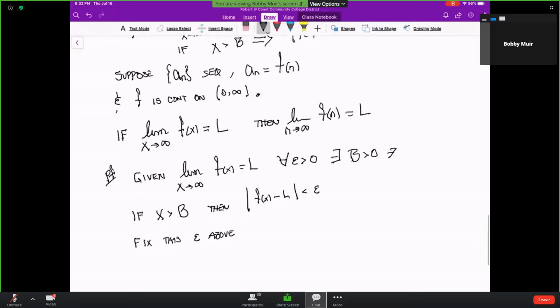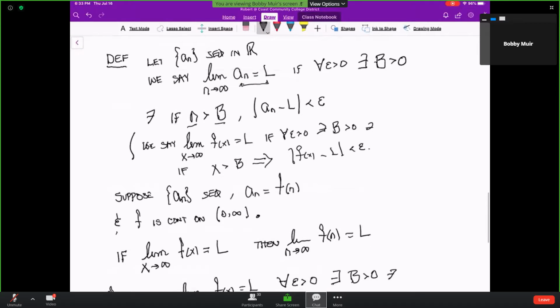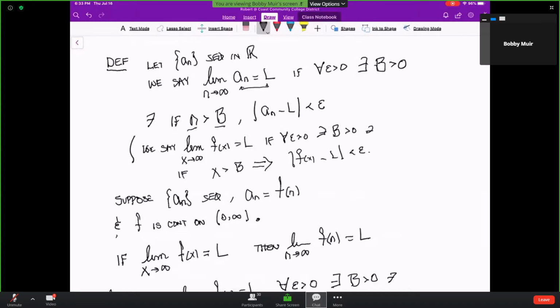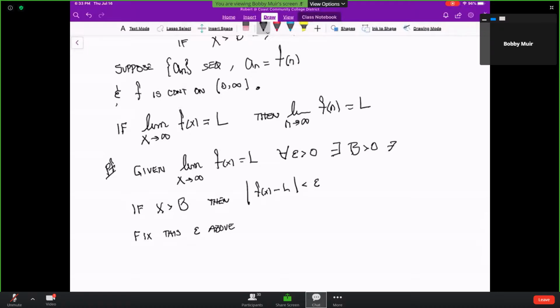Oh, by the way, I gotta fix this definition up here. There exists a big number b, a positive integer. Everybody go back and change that up there, because technically we're not dealing in the continuum just yet. Okay, now we're back down to here. Fix this epsilon above.